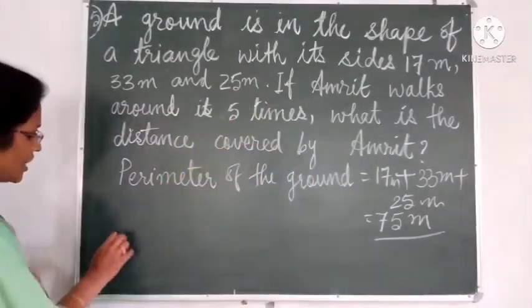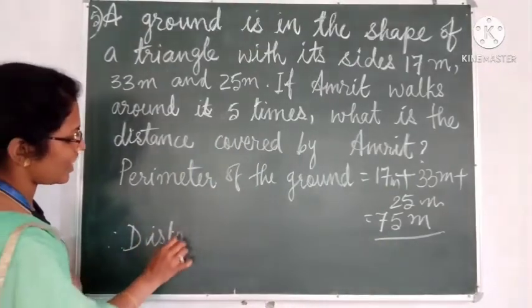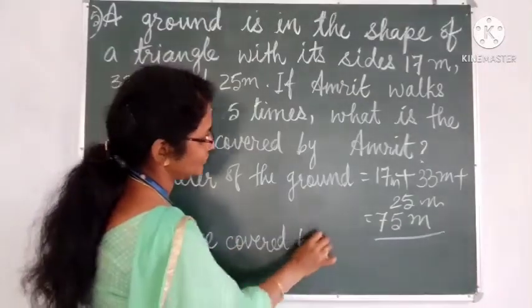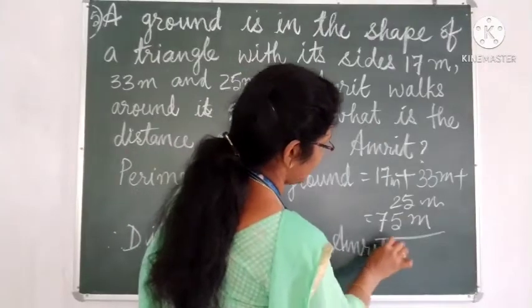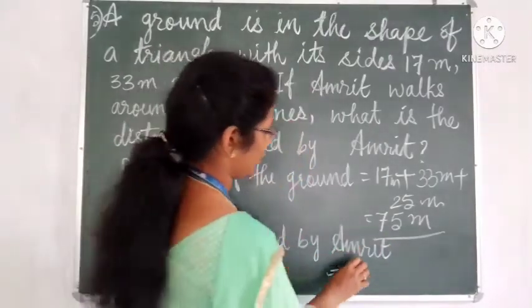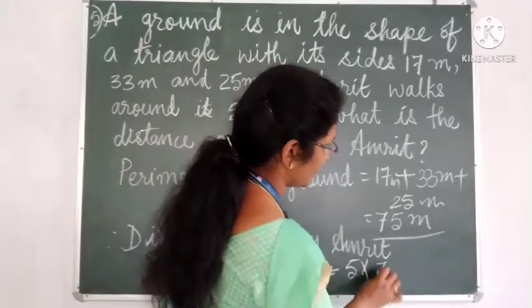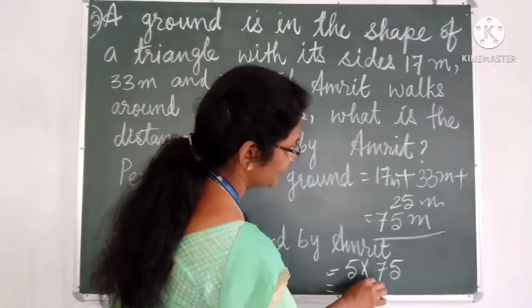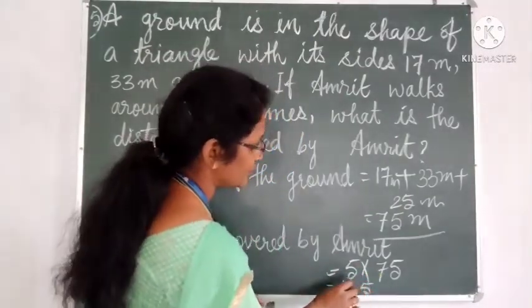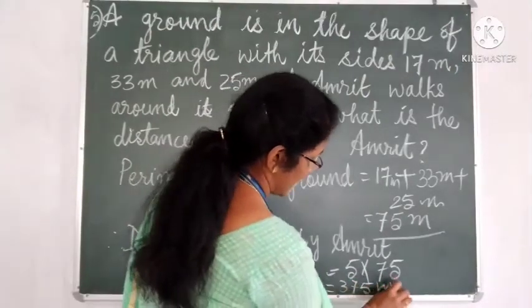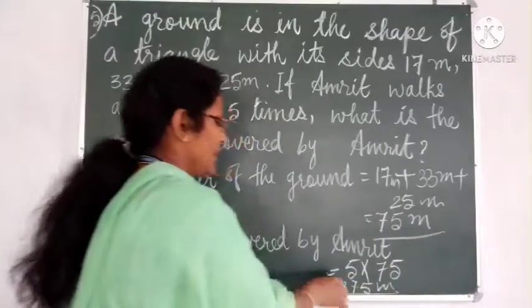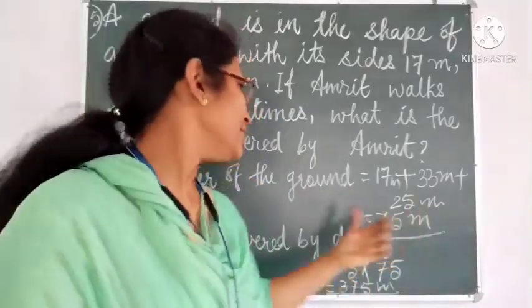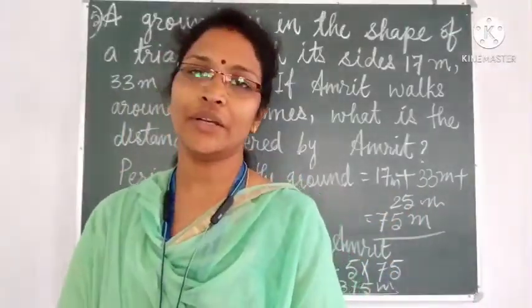Therefore, the distance covered by Amrit is equal to 5 times the perimeter of the ground. 5 into 75. 5 5s are 25. 5 7s are 35 plus 2, 37. 375 meters. He covered 375 meters and this is the answer of this word problem.